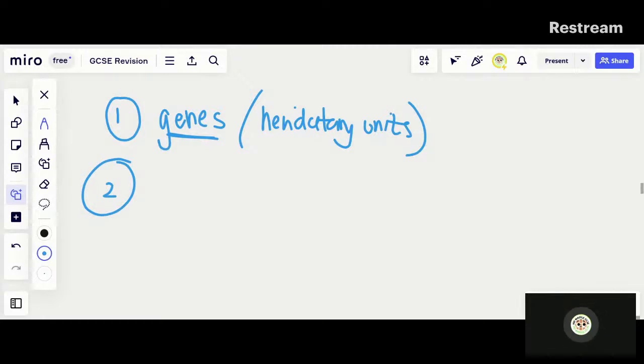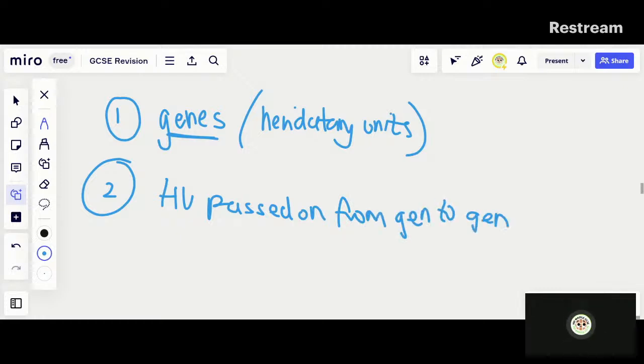The second thing we learnt is that hereditary units are passed on to offspring unchanged from both parents. I'm going to just call them HUs. They are passed on from generation to generation.